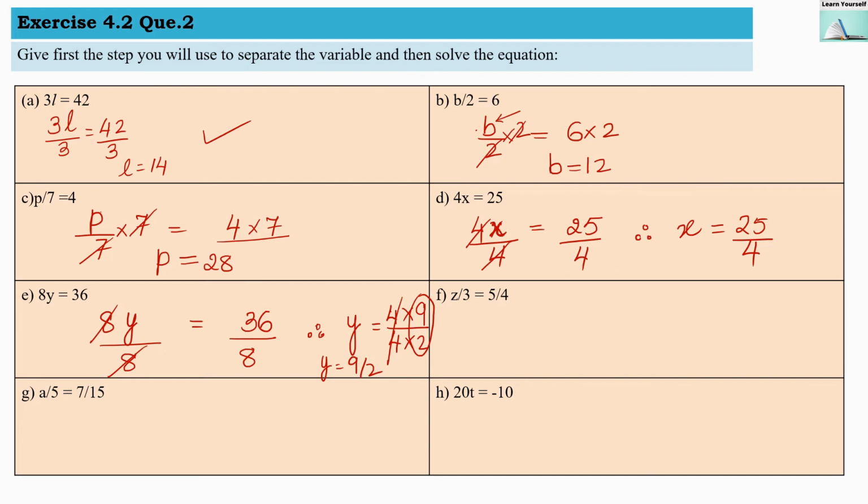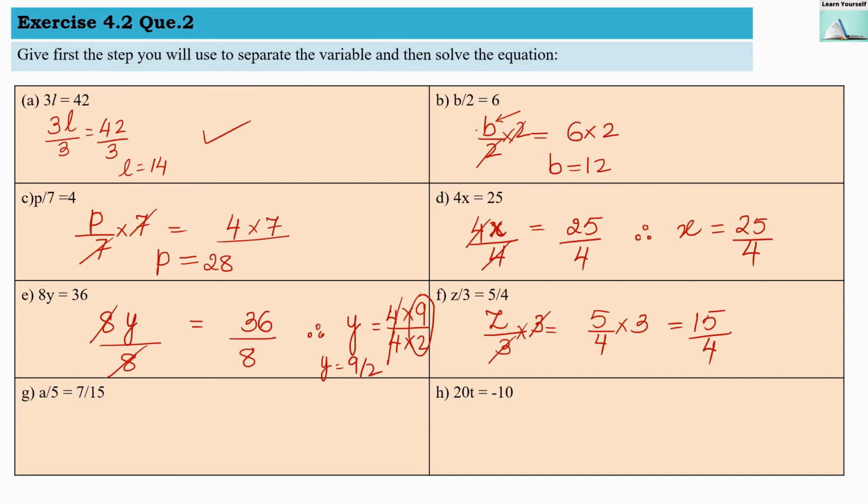Now F equation is z divided by 3 equals 5 divided by 4. So in this, first I am going to multiply with 3. So when I am multiplying with 3, I have to multiply towards LHS also. So this 3 and this 3 will get cancelled out, and z equals, I will get 15 divided by 4.